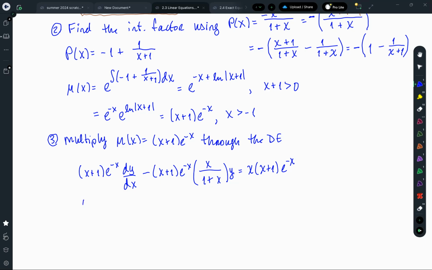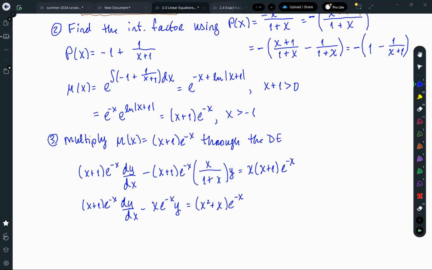So this becomes (x plus 1) times e to the minus x dy dx minus the (x plus 1) and the (1 plus x), those divide out, and I'm left with minus x e to the minus x times y is equal to, and on the right hand side I have (x squared plus x) times e to the minus x.